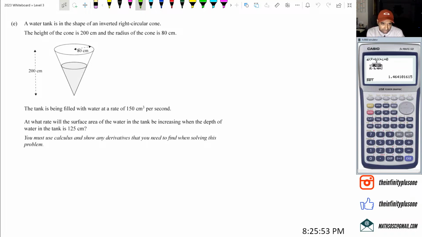One thing you're going to need for this definitely is the volume of a cone equation. So I'm going to grab that. We're also going to need surface area of a cone as well, by the looks of it. Calculus formula sheet. Where is my cone stuff? Cone surface area.